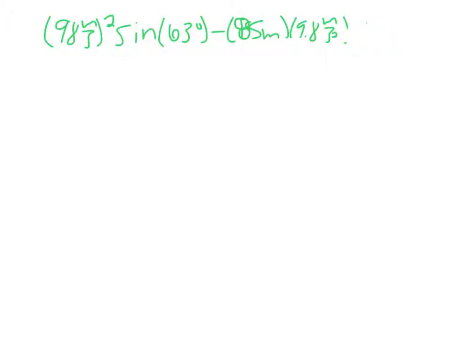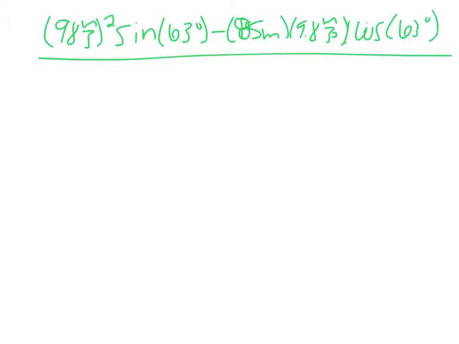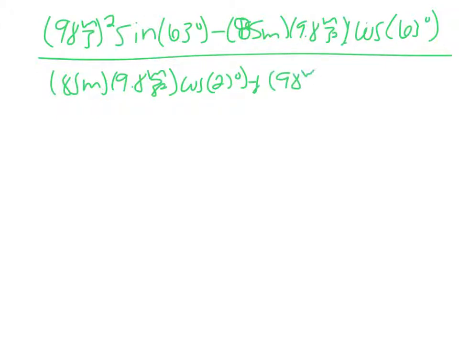Cosine theta. So cosine 63 degrees divided by r, 85 meters, g, 9.8 meters per second squared, cosine phi, 27 degrees, plus v squared, so 98 meters per second squared, sine phi, 27 degrees.